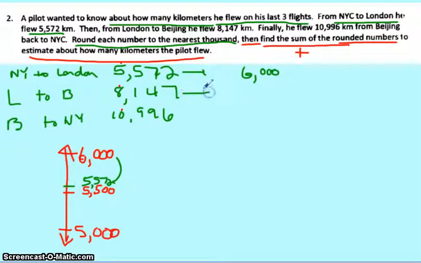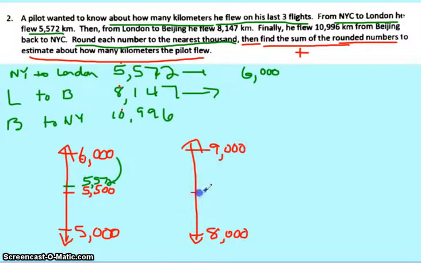Let's look at 8,147. Let's put another vertical number line with 2 endpoints. We're starting here at 8,000. The next 1,000 up would be 9,000. Good.